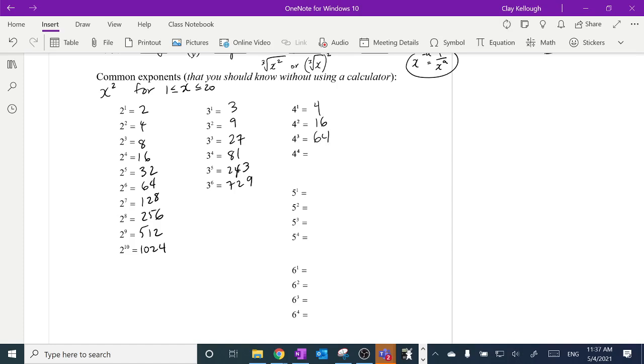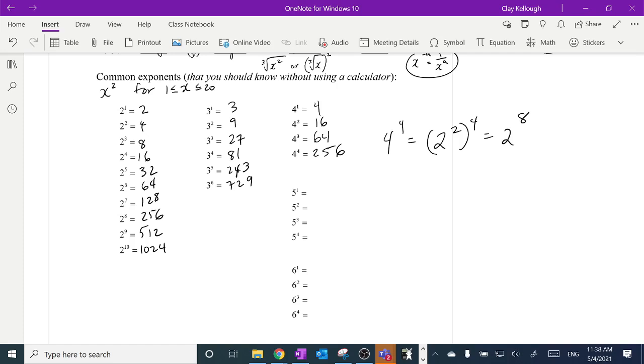And 4 to the power of 4 is the same as 2 to the power of 8, which is 256. Because think about it, 4 to the power of 4 is 2 squared to the power of 4, which is 2 to the power of 8, right? The games you can play with exponents.